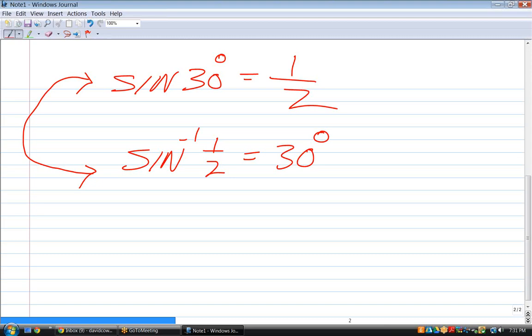When you're taking inverse trig functions, you're always trying to find an angle. You're not trying to find a number, you're trying to find an angle. Whereas when you take trig functions of an angle, you get a number. So that's the most important thing to understand, is that these two things mean the same thing.